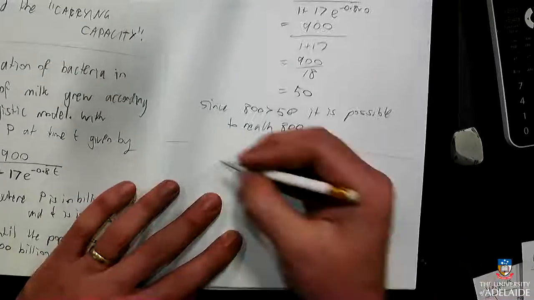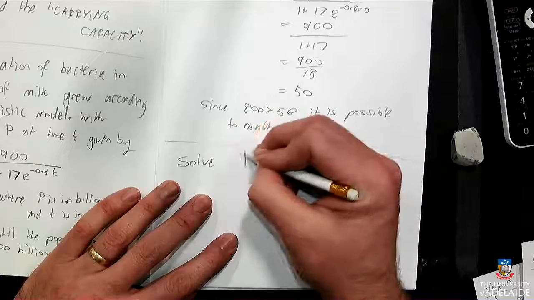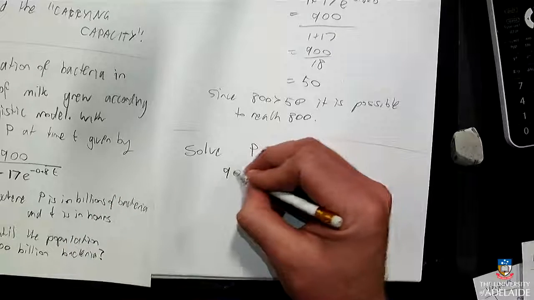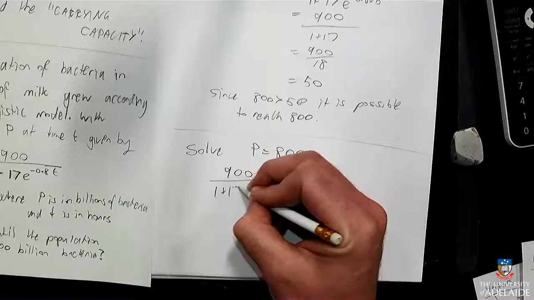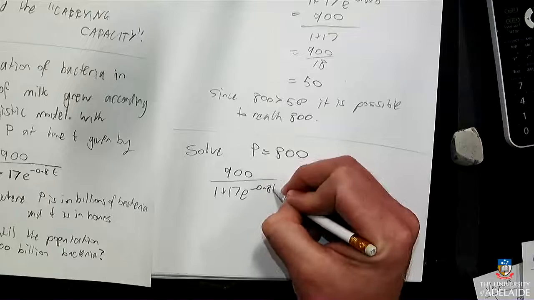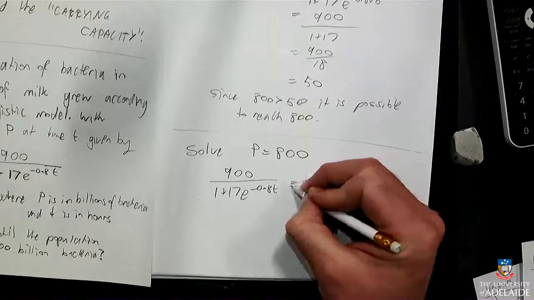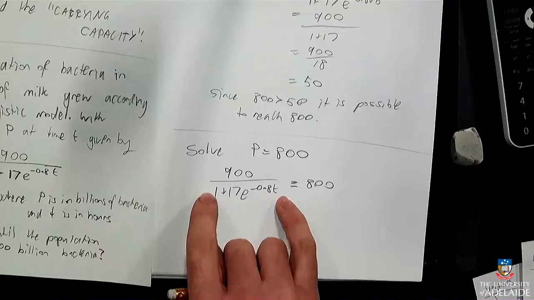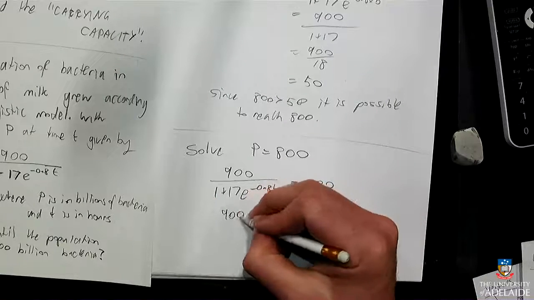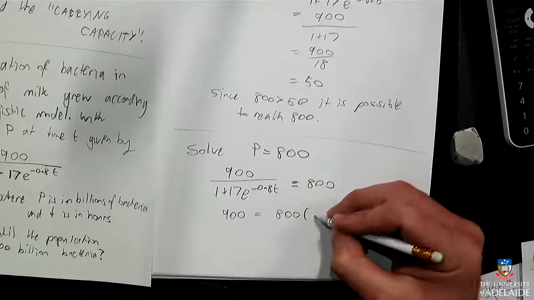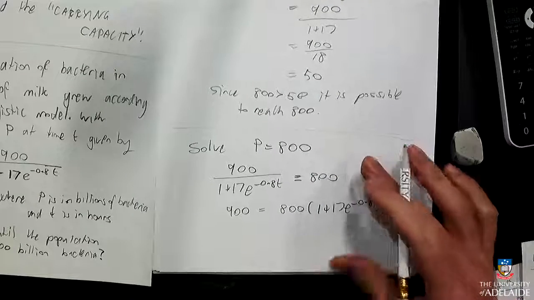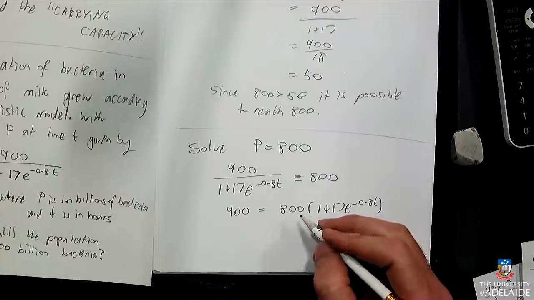So let's see. Solve P equals 800, which would be 900 over 1 plus 17 e to the minus 0.8 t equals 800. Okay, well, I guess it's really annoying that this is on the bottom. So if I multiply everything by that, I should be able to remove it from the bottom. And then if I divide by 800, that'll go away.